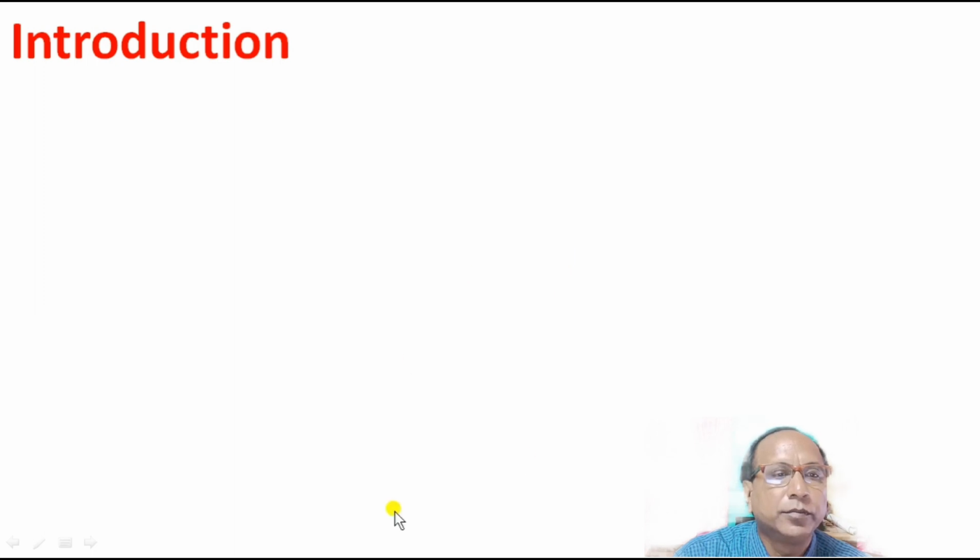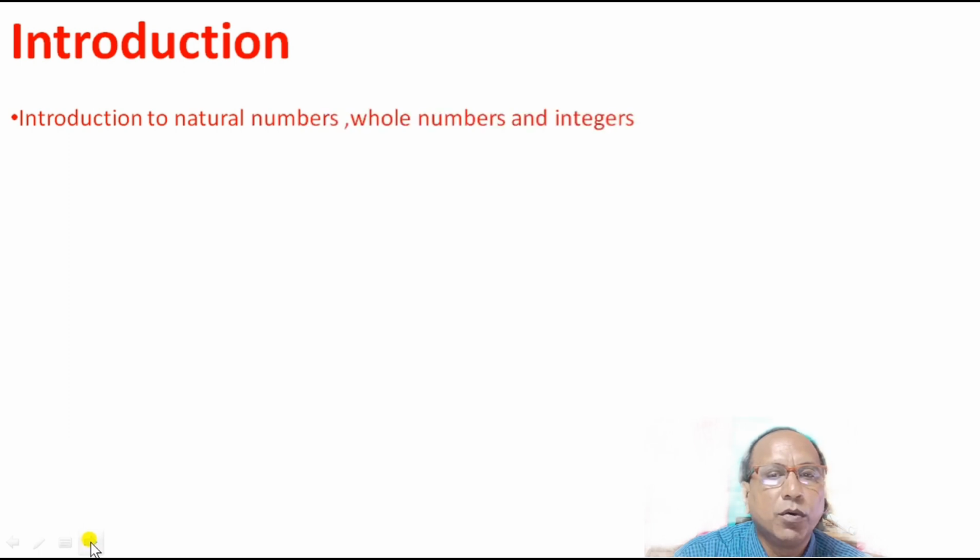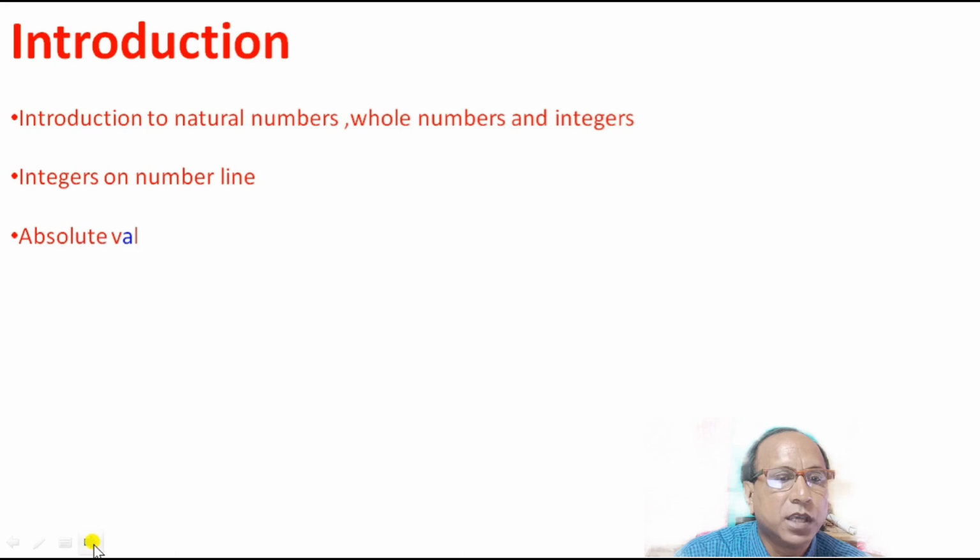And you see here, the first one is introduction to natural numbers, whole numbers and integers. The second one is integers on number line. Third one is absolute value. Fourth is how to add and subtract integers on number line.